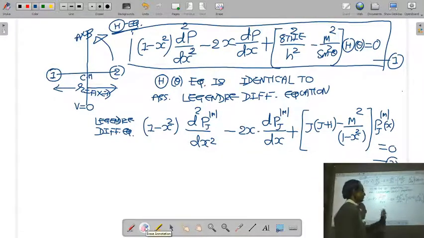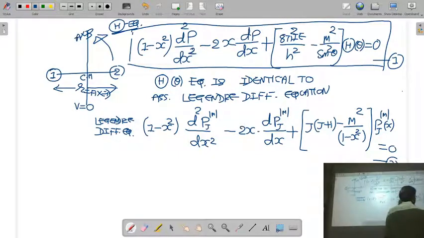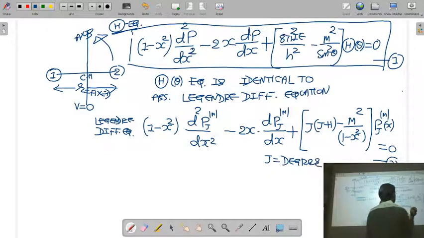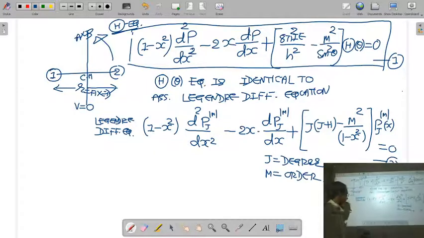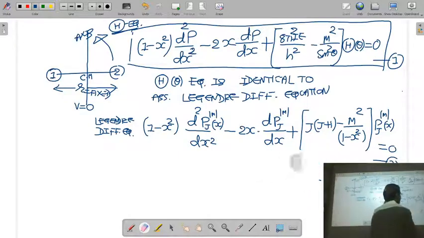What is j and m? In this equation, j is called the degree and m is called the order. So P_j^m is a polynomial of jth degree and mth order.